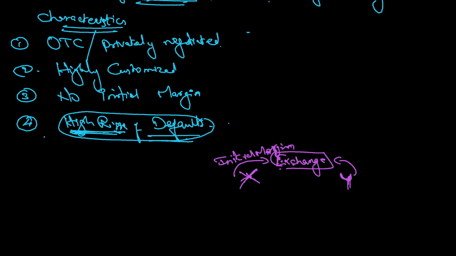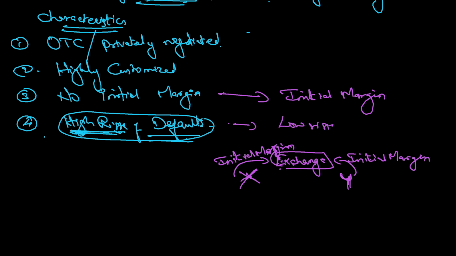Similarly, Y will be paying initial margin to the exchange so that he doesn't dishonor the contract. This way, this risk was mitigated. So in this kind of contract, initial margin is involved, and there is a low risk of default.